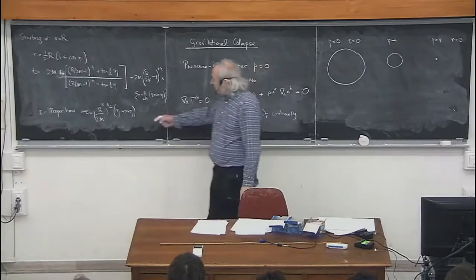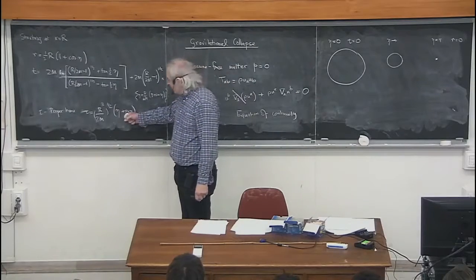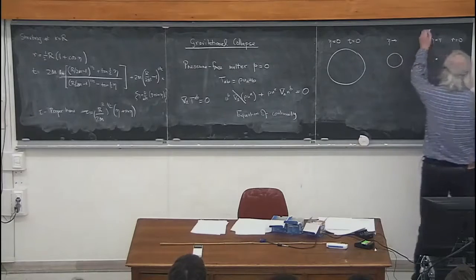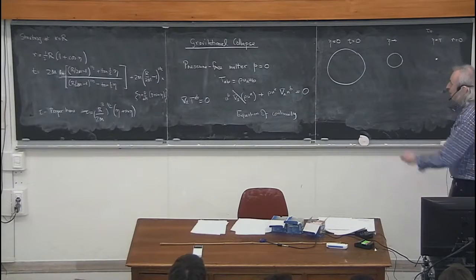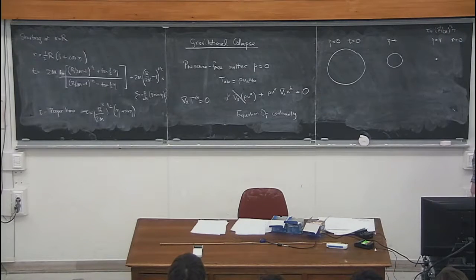The value of tau is easy to work out. Sine pi is 0. This thing gives me a pi. So tau is equal to R cubed over 8m to the 1 half times pi. So what that tells you is that the thing has shrunk to a point in finite proper time.